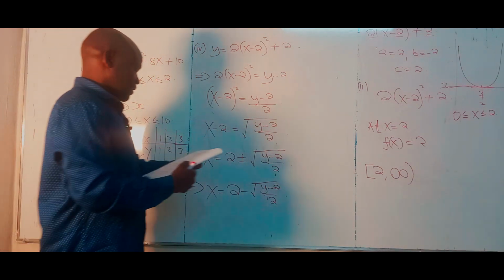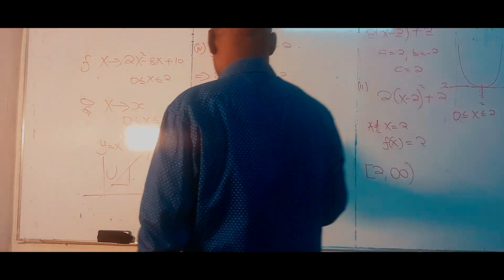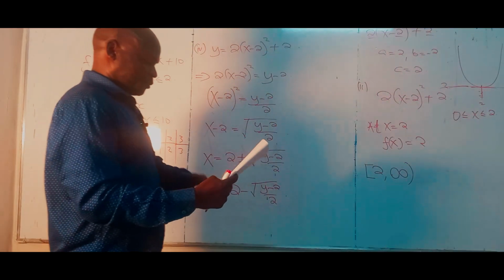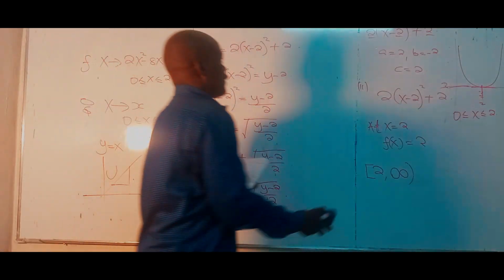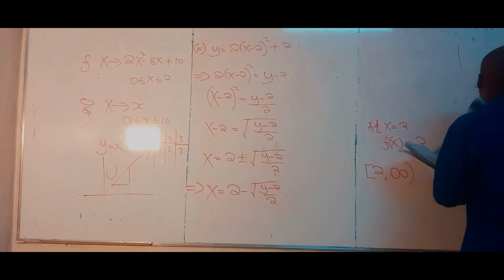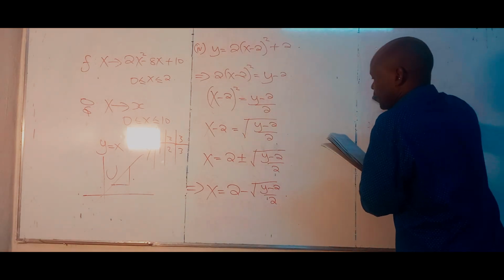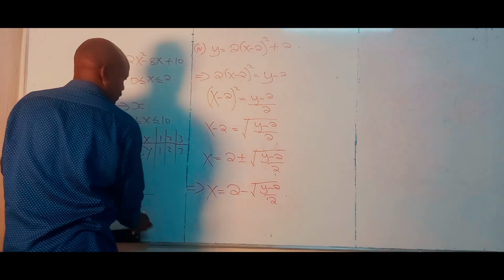And thus, if that is the case, then the inverse function of f of x, we just substitute: where there is y, you put x, and where there is x, you put y.